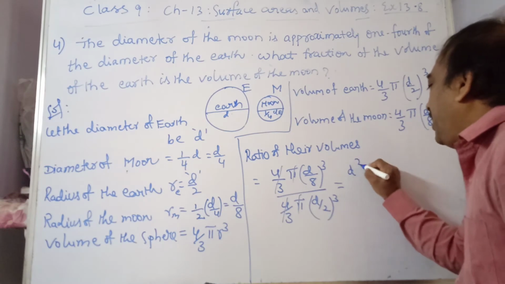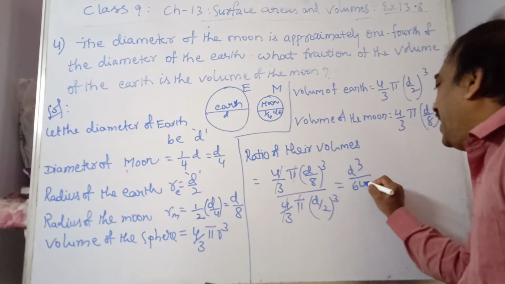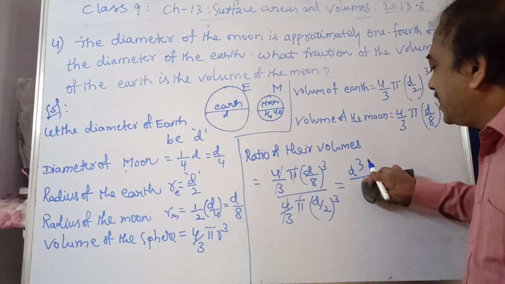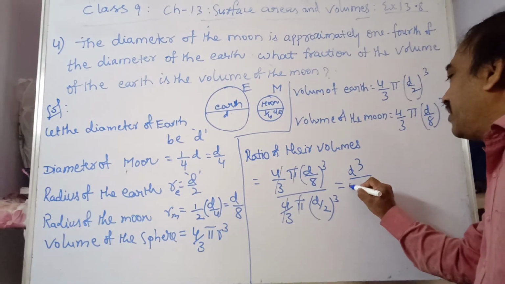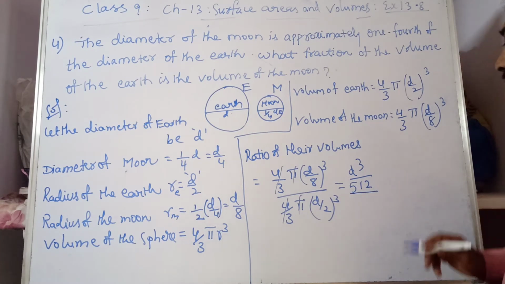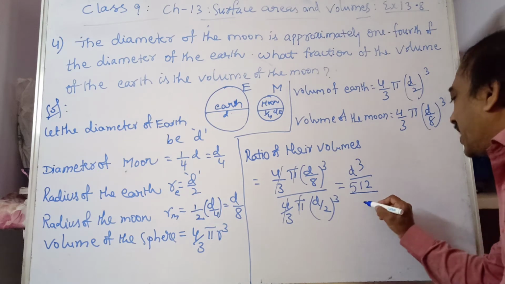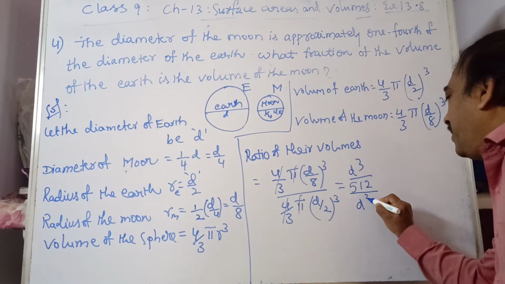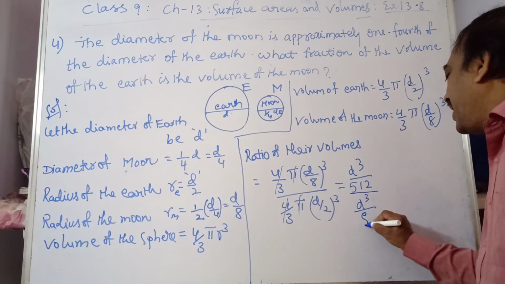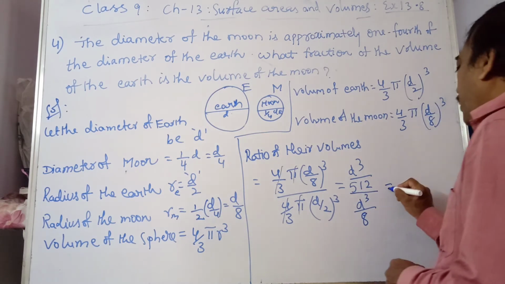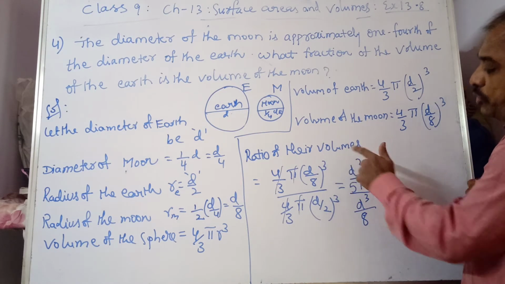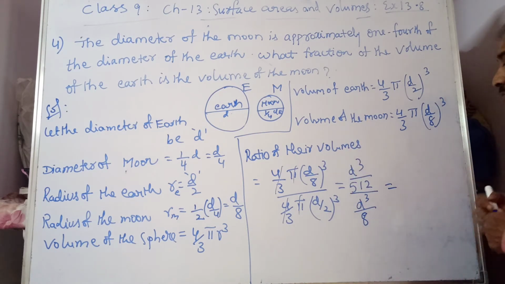So d power 3 by 64, 8 cube is what? 8 8s are 64, 64 into 8 is 512. So d power 3 by 512 divided by d power 3 by 2 cube, 2 into 2 into 2, that is 8. Look here, how you got 512? d cube by 8 cube, 8 into 8 into 8, 512.